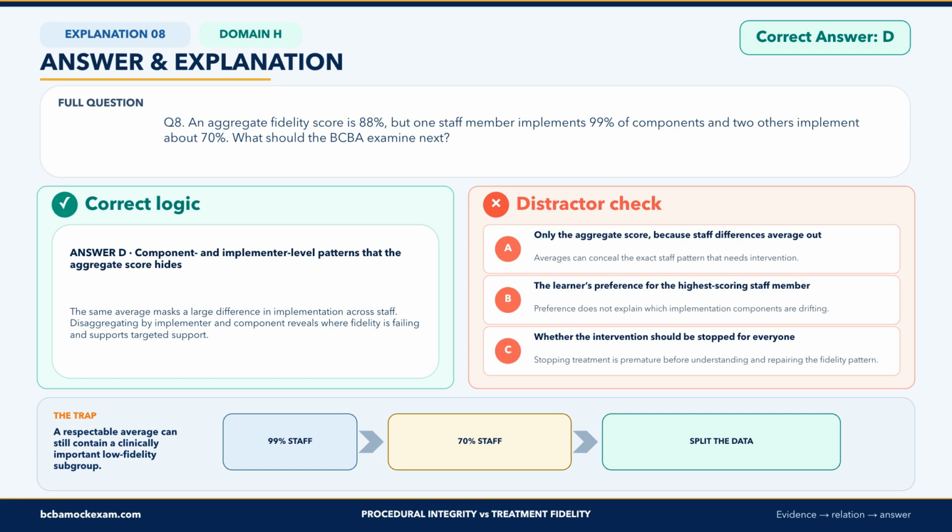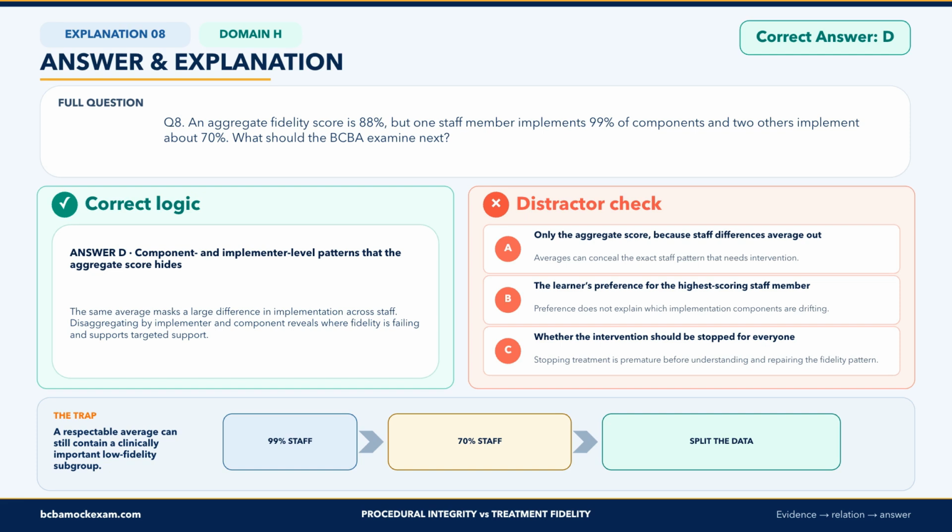On this stem, select D. Component and implemental level patterns that the aggregate score hides. The same average masks a large difference in implementation across staff. Disaggregating by implementer and component reveals where fidelity is failing and supports targeted support. The trap is that a respectable average can still contain a clinically important low-fidelity subgroup.